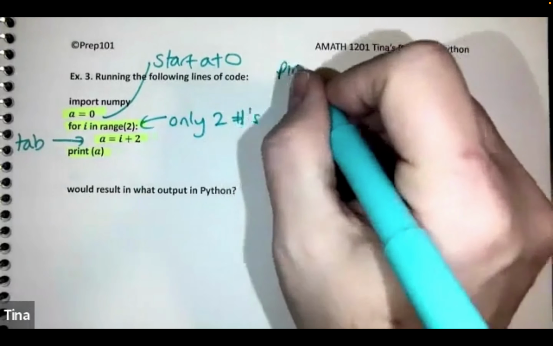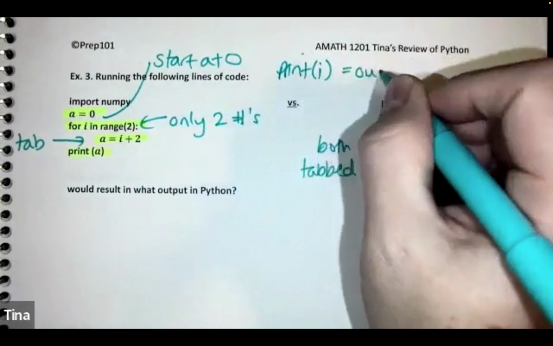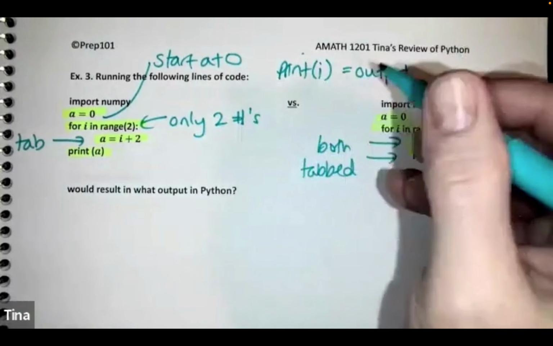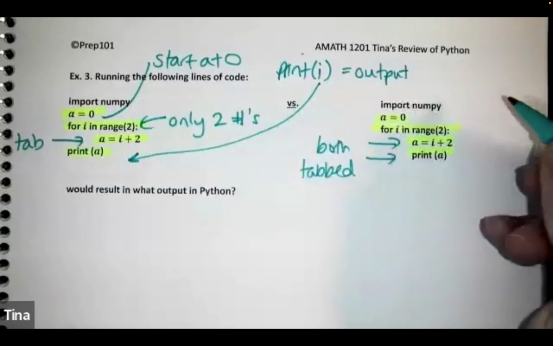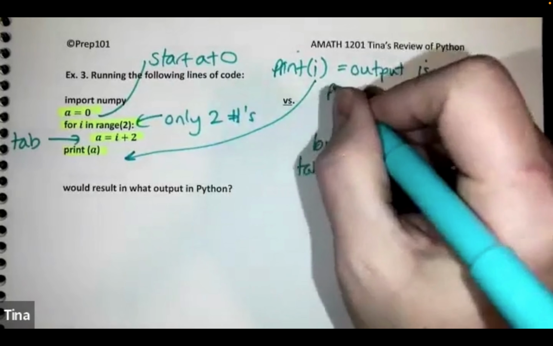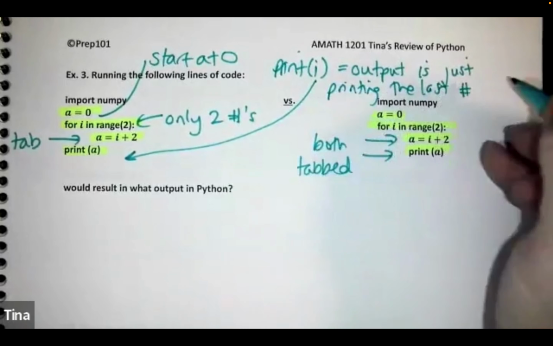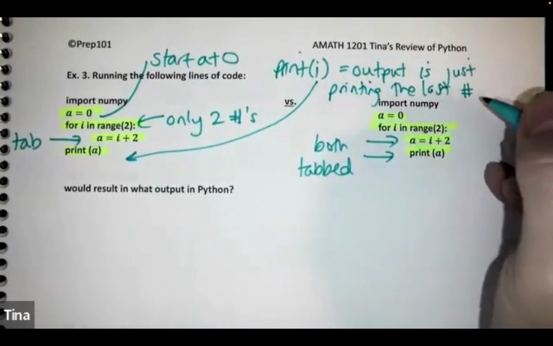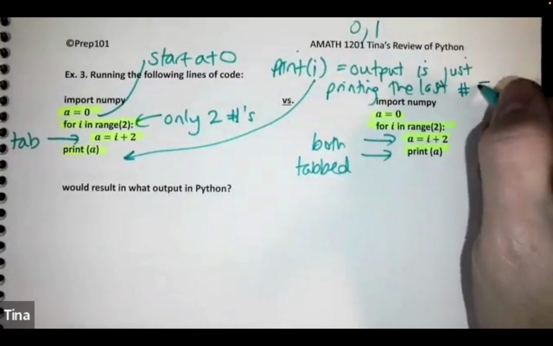So if it said print i instead of print a, the output is just printing the last number, right? So if the numbers are 0 and 1, the last number would just be 1.